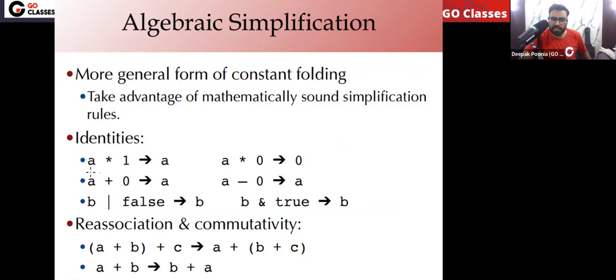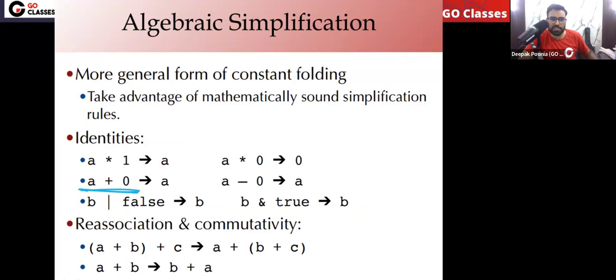For example, when the compiler sees a multiplied by 1, the compiler will replace this with a, so that at the runtime we don't have to perform this multiplication. Similarly, when the compiler sees a multiplied by 0, the compiler at the compile time will replace this expression with 0, so that at the runtime we don't have to perform this multiplication.